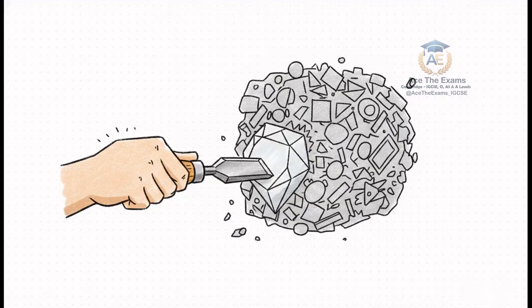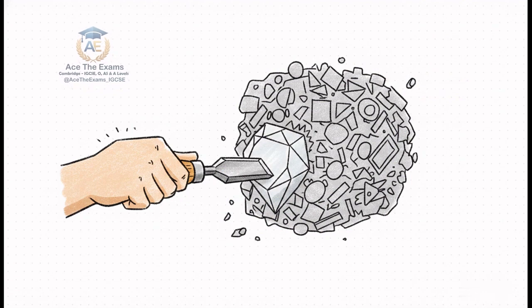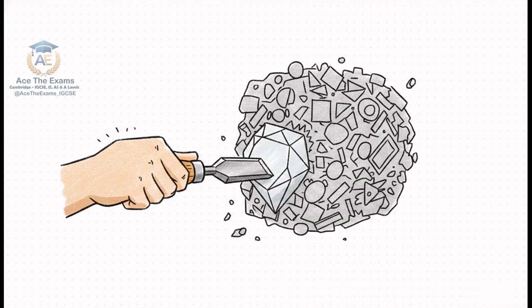To truly master this, I want you to start thinking of yourself as the sculptor. When you first read a really complex physics question, you are basically handed a massive, ugly block of raw data. It's a block of ideas, superficial breadth, isolated facts, maybe a highly confusing data table or a tricky chart. Your job is not to just throw that whole block at the examiner like our student Alex did earlier.